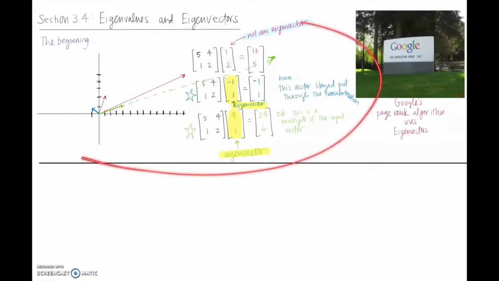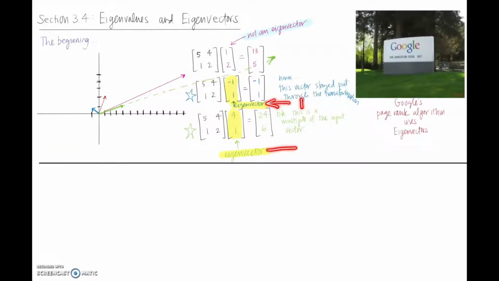So this was just kind of introducing us to the idea of eigenvectors, and I haven't even told you yet what eigenvalues are, but I will tell you that the eigenvalue of this eigenvector is 1, and the eigenvalue of this eigenvector is 6, and you can probably figure out where eigenvalues come from. But this is just an introduction.